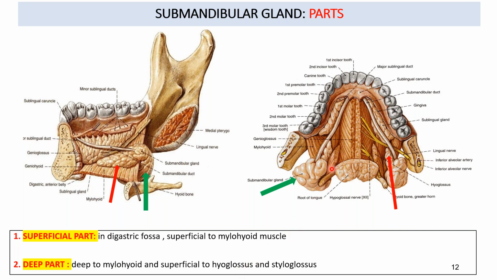So where is the hyoglossus muscle? This muscle over here is the hyoglossus. The deep part is lying over this muscle. There is one more muscle which we'll learn, that is the styloglossus. So superficial to both these muscles is the deep part of the submandibular gland.